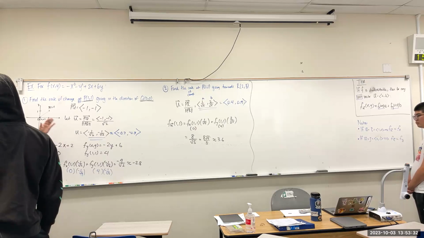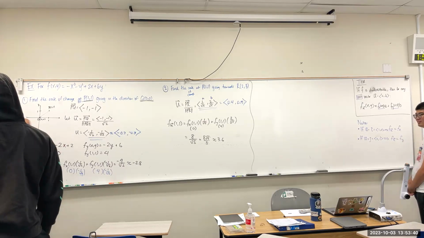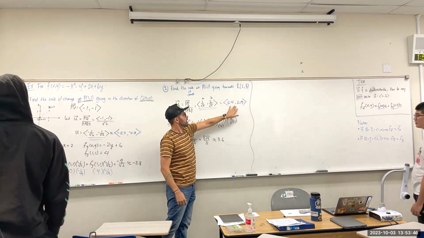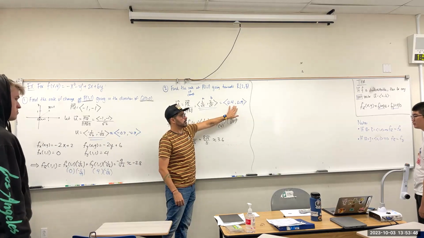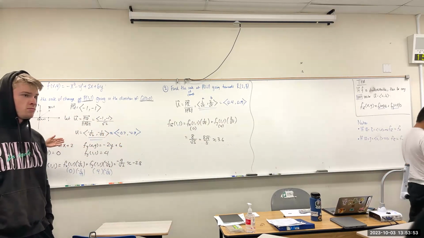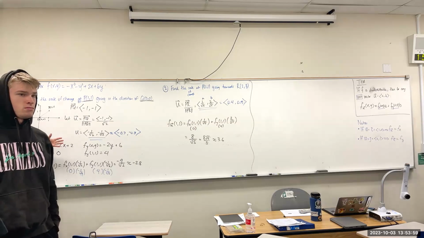Okay, so look at the room. You see how you're all facing in the same direction? Well, if you're in the front, you can't. But if you're in the back, everybody's pointing this way. Now I want you to move your body so that you're pointing in the direction of this vector, where x increases by 0.4 and y increases by 0.9. All right. You see how everybody's pointing in the same direction?